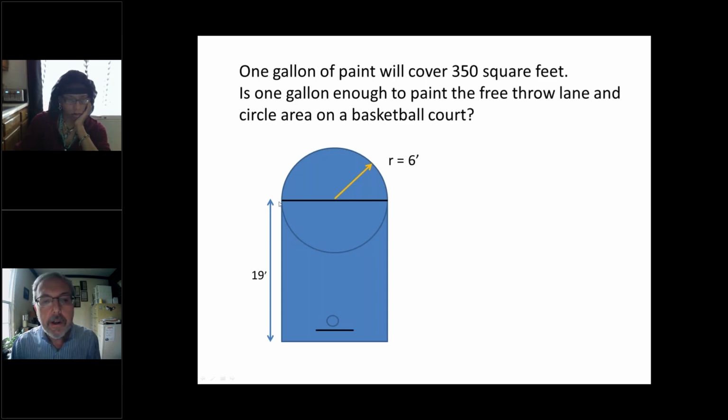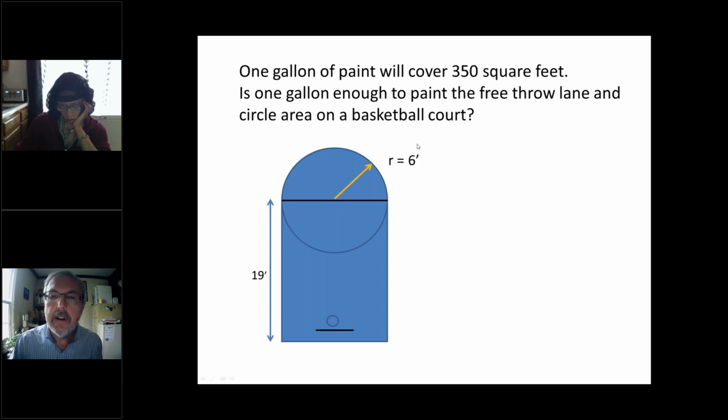So with the real dimensions on a real basketball court, the distance from the free throw line to the end of the court is 19 feet. And the radius, remember that radius is the distance from the center of the circle to the outside of the circle.